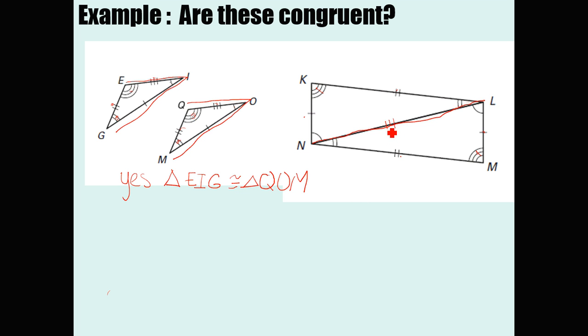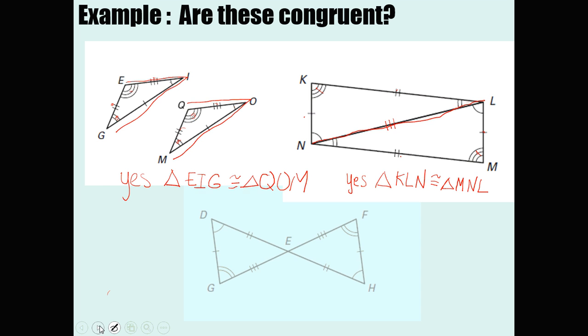So I can put three little slashes there on the side that they share, because it will be congruent if I separated the triangles. So again, I would say yes, these two triangles are congruent. I would say triangle KLN, maybe, to start, is congruent to triangle. Now if I started at K, went to L, then to N, the next one I would have to go M, N, L, based on the number of slashes in each angle mark, okay?